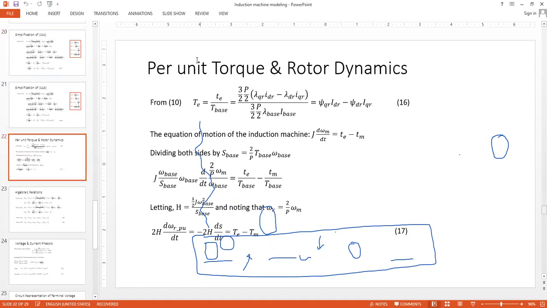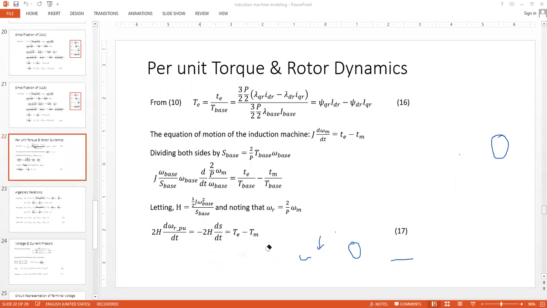If we continue our derivation, as we all know, the induction machine has its own shaft, and like the synchronous machine, it will have its own equation of motion. That means the swing equation, but now it would be for the induction machine. But before that, we simply take the torque expression TE.